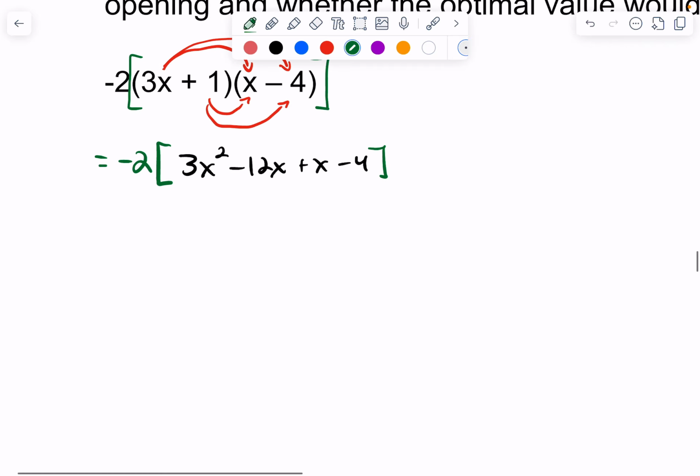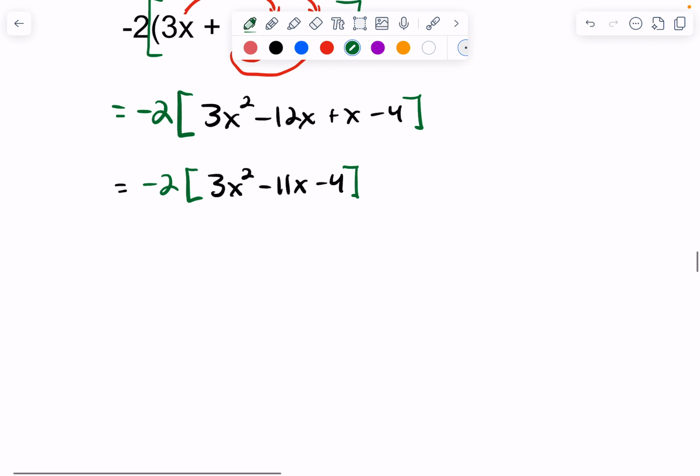So that was foiling. Now we keep the minus 2 in front and collect like terms. So you'll get 3x squared minus 11x minus 4.